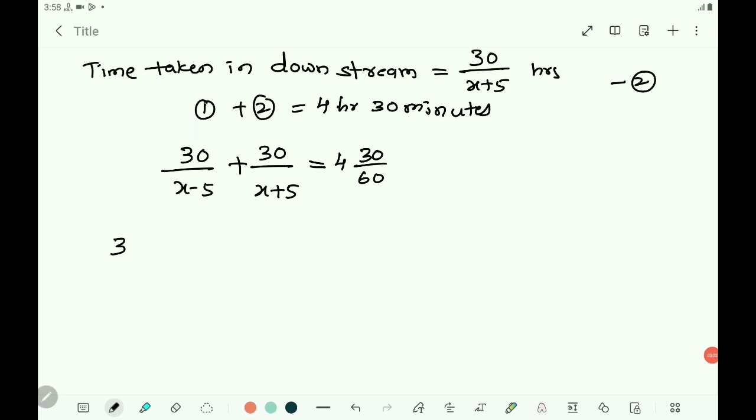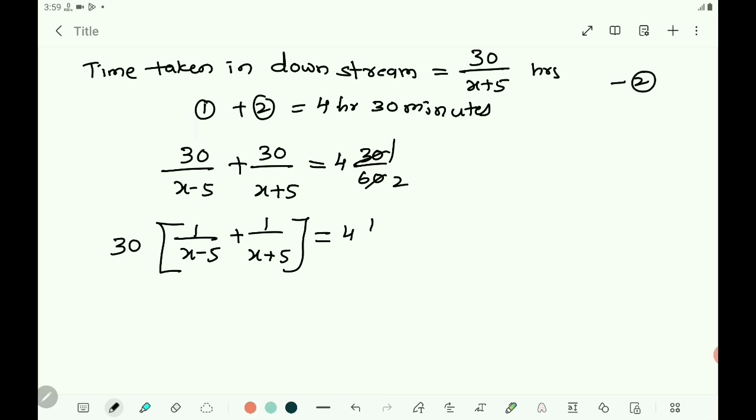Then remove 30 common. Here 1 by x minus 5 plus 1 by x plus 5 equals 4 and 1 by 2.